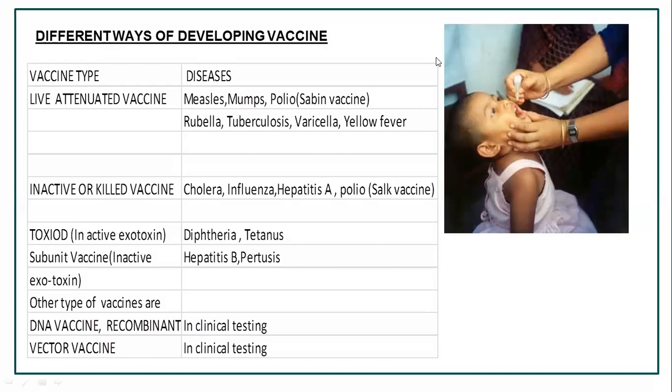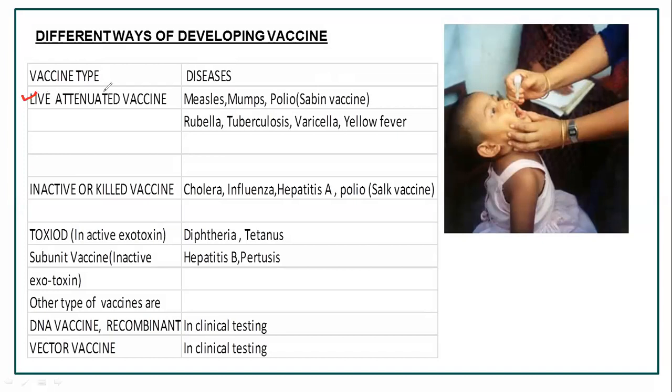There are several ways to develop vaccines to increase our artificial active immunity, like live attenuated vaccines.